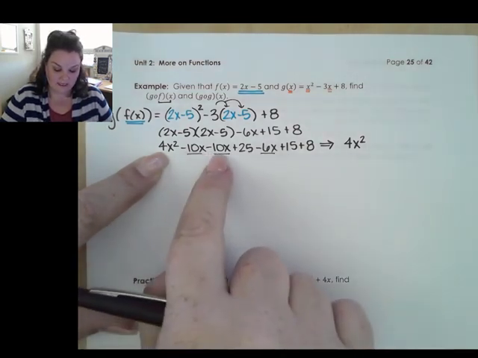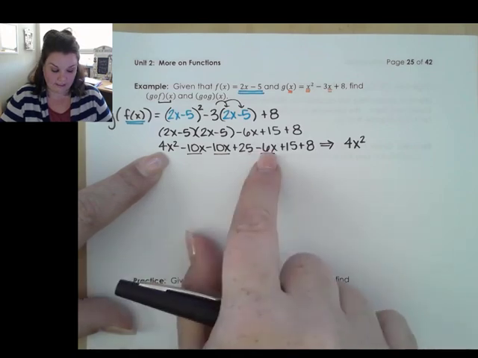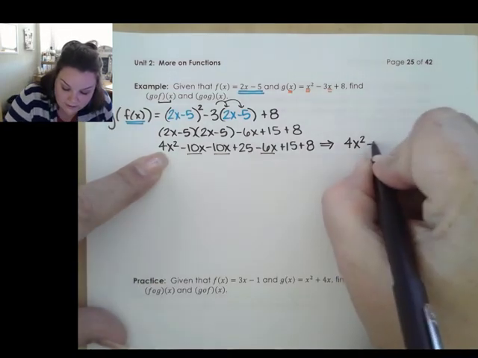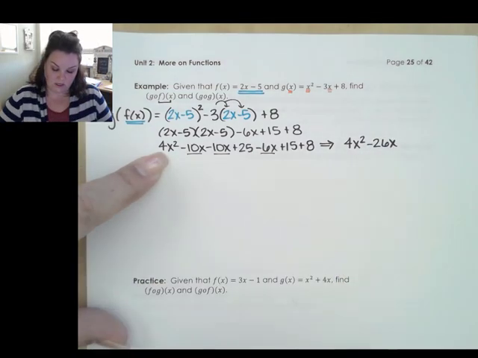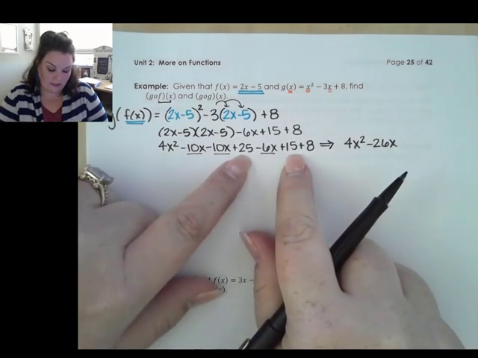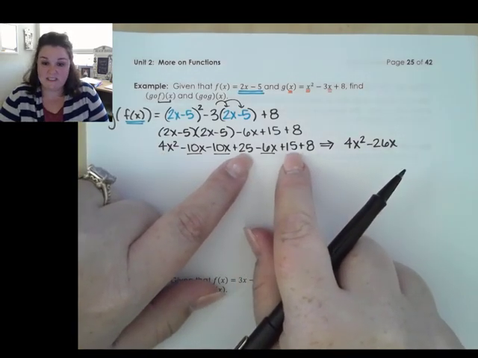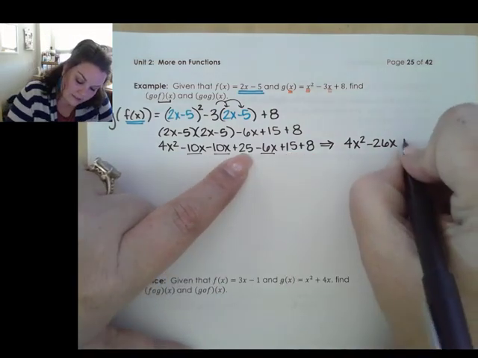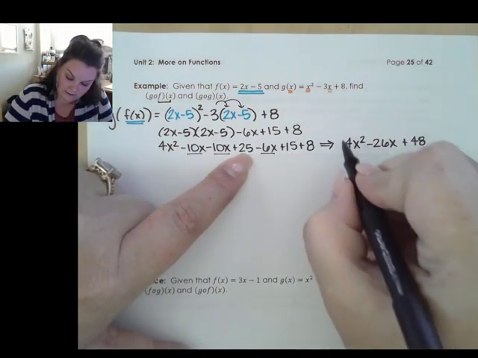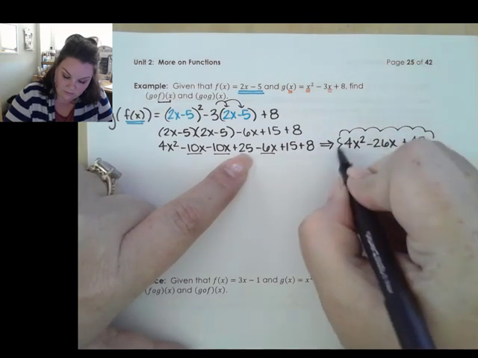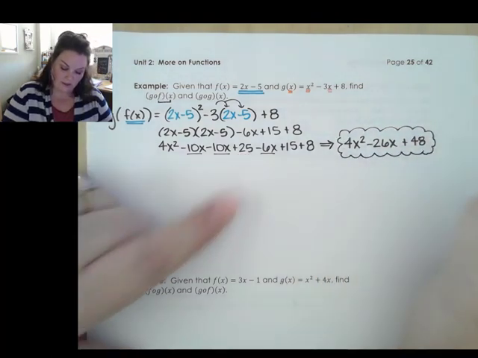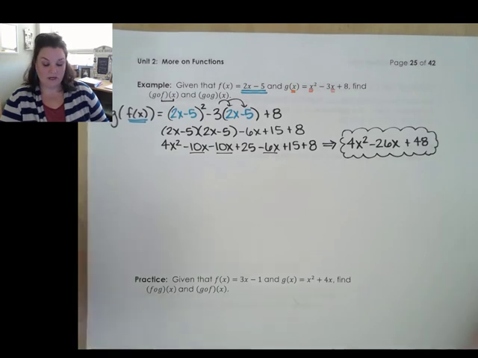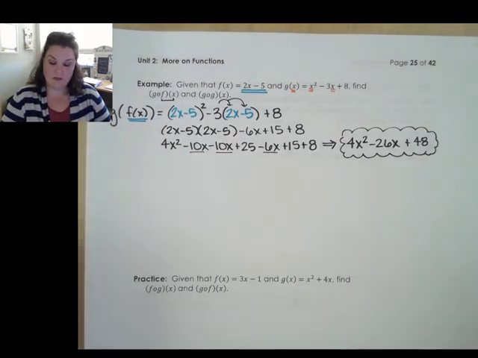So negative 10 and negative 10 is negative 20. Minus 6 leaves me with negative 26x. And then I look at my constant terms, right? I have 25 and 15, which gives me 40, plus 8 gives me a positive 48. So this is my new composed f of g, or sorry, g of f function, right?